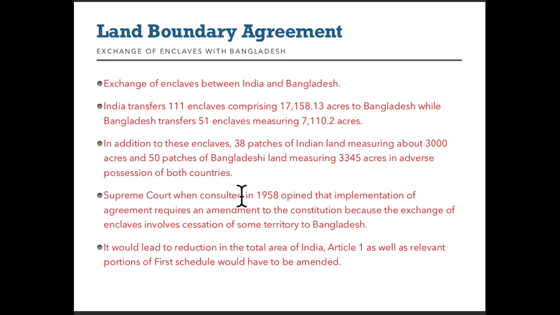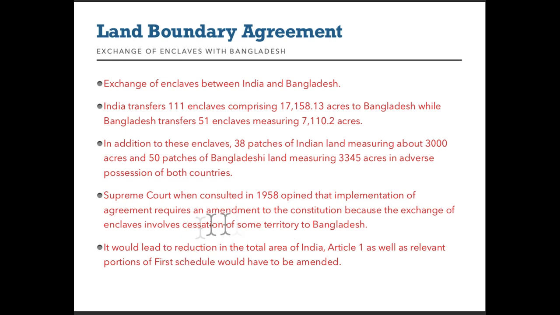When the government consulted the Supreme Court in 1958, the Supreme Court mentioned that since this agreement results in decreasing the area of India, it will not come under Article 2 and Article 3. So to give effect to such an agreement, you need to pass it by a special majority under Article 368.